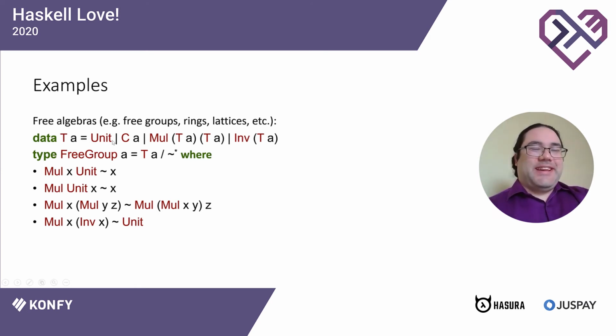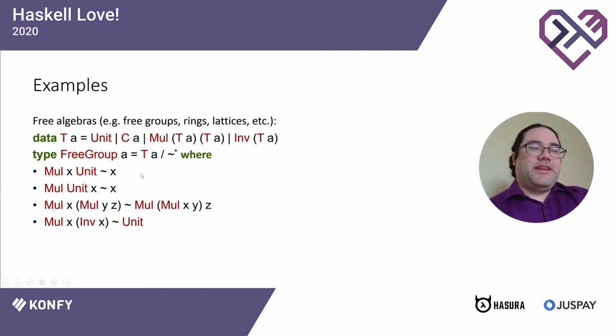In this case, we have all the operations, but nothing says that multiplying A times its inverse will be 1. Like mul of inv of C of 1 is not equal to C of 1.